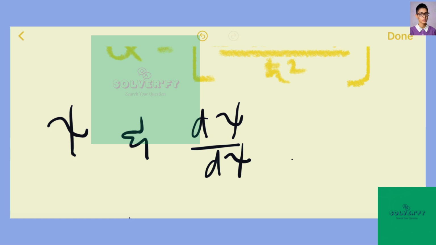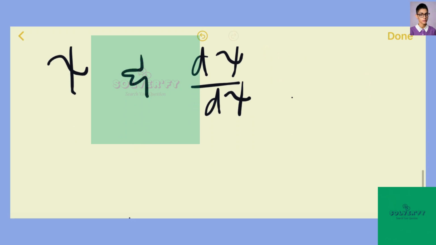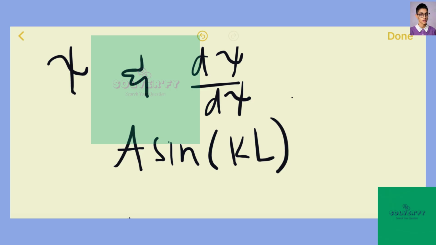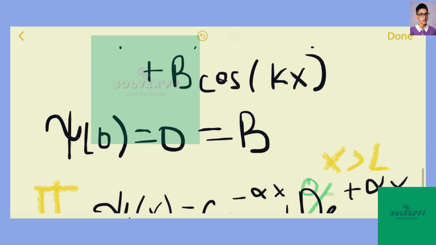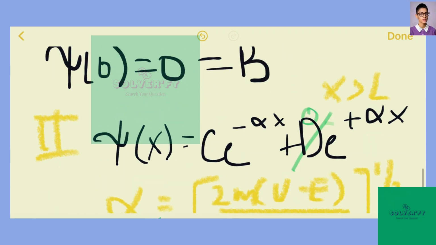This gives us, at x equals L, A sine of kL needs to be equal to C e to the minus alpha L. So what we're doing is setting section 1 equal to section 2.